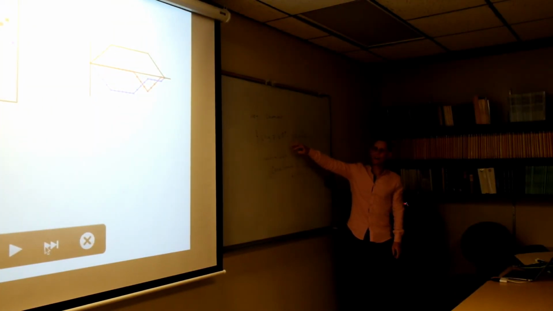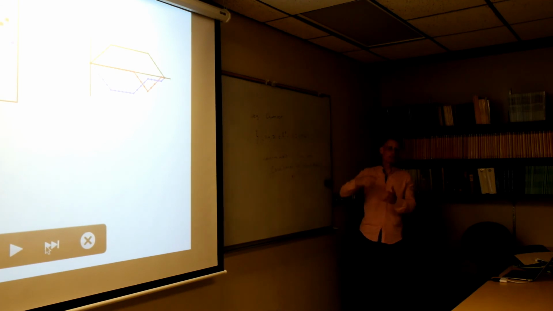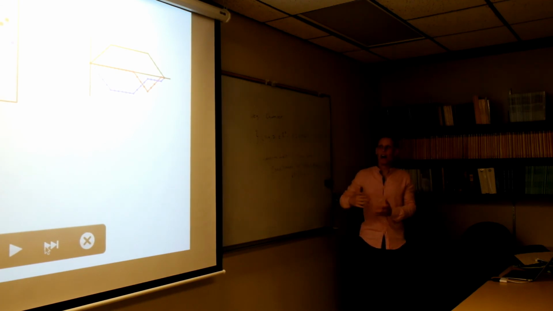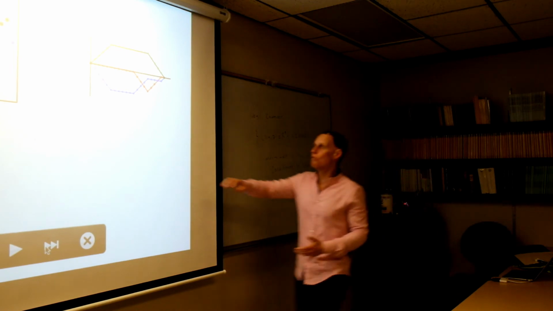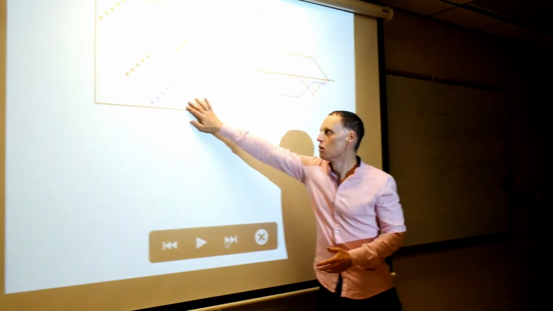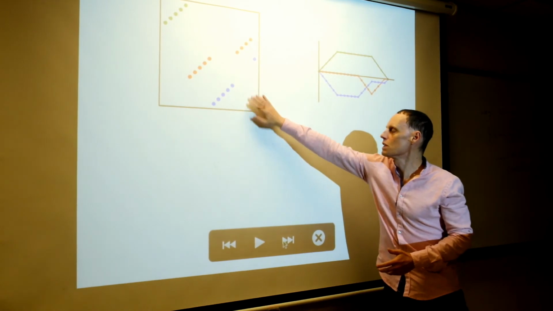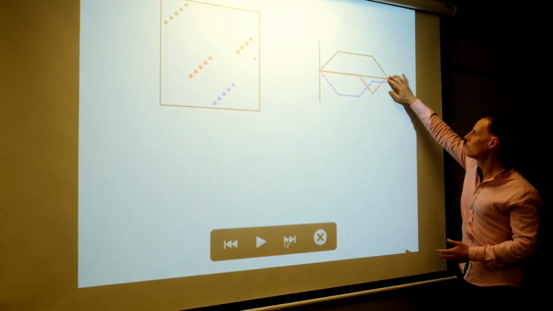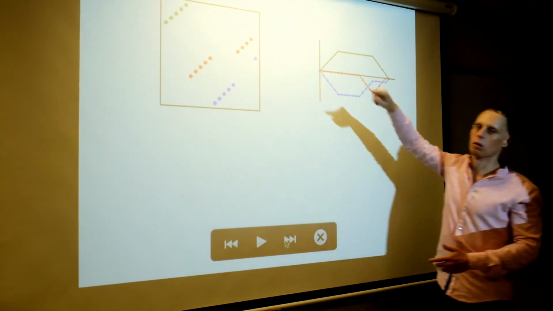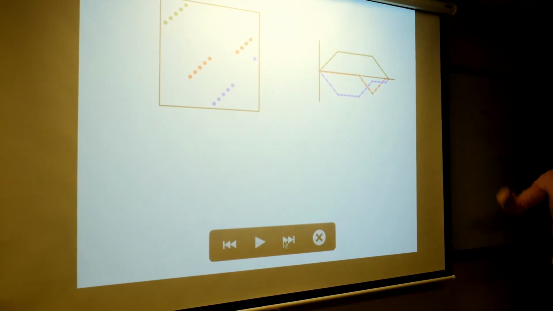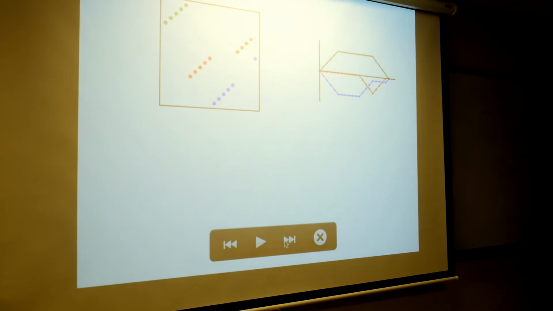And then the second thing I want to say is I had two functions that I got from my permutation. One was where I projected and drew this way, and the other was where I plotted the points and did the linear interpolation. I want to say that for most permutations, these two are close.